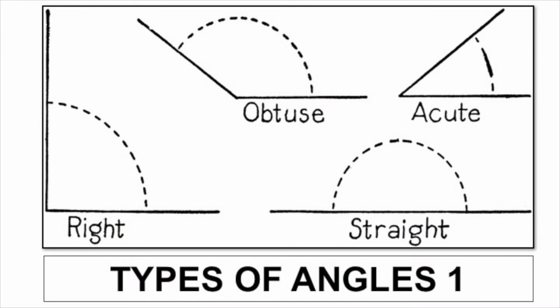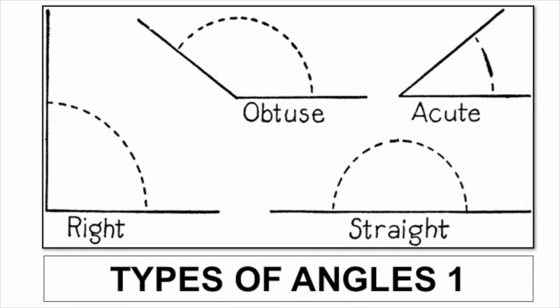So now let's take a look at our PowerPoint presentation, Types of Angles, Lesson 1. And here in the picture, you can see examples of different types of angles. We have here obtuse. Yes, obtuse is when the angle is quite large. Acute.